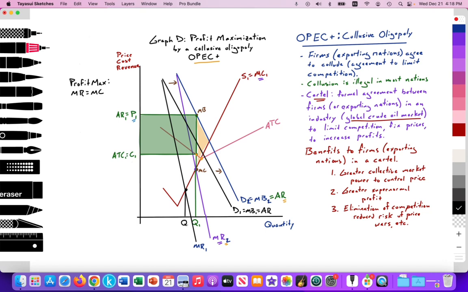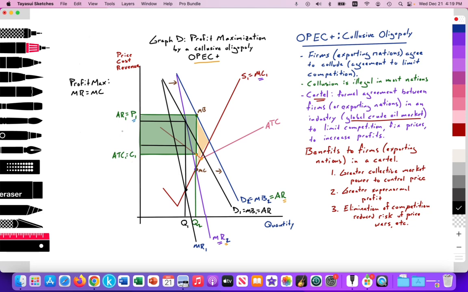I'll call this Q1, and this here will be Q2 when the demand curve shifts out. Okay, and then we get a price according to our demand curve. So here we have, at that quantity, this is what people are willing and able to pay. So here is P1, and then right here are the costs of production.